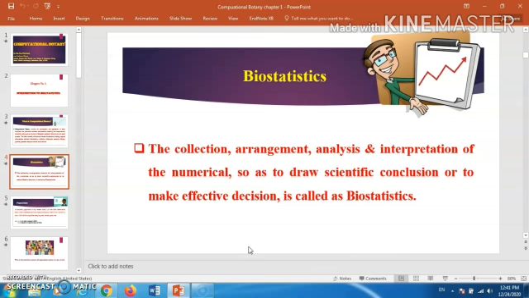The collection, arrangement, analysis and interpretation of the numerical data so as to draw scientific conclusion or to make effective decision is called biostatistics. Suppose you have collected some seeds from a garden, you have arranged them as healthy seeds and diseased seeds. Means now you have converted those seeds into two parts.